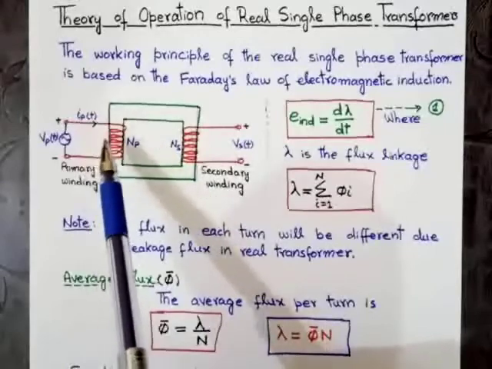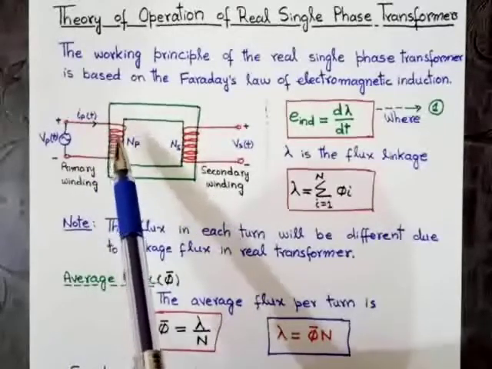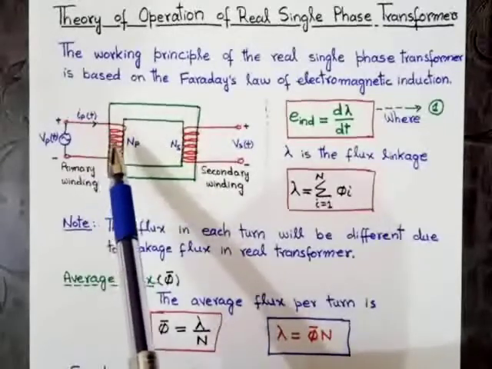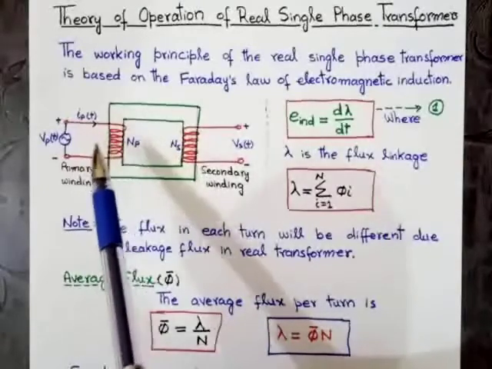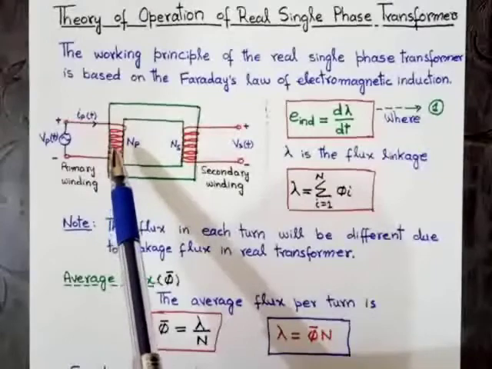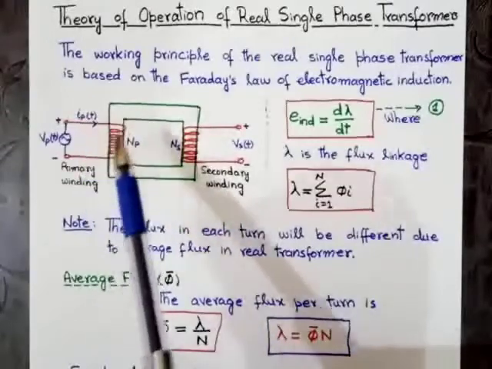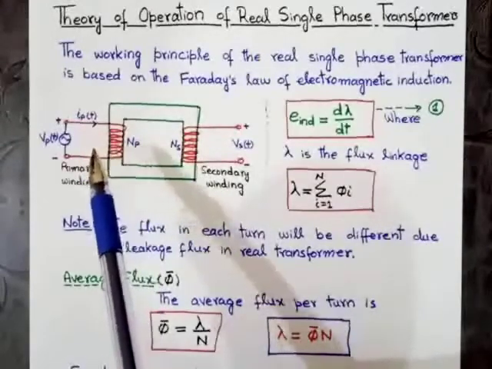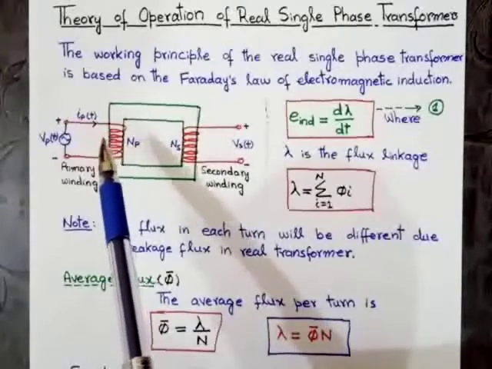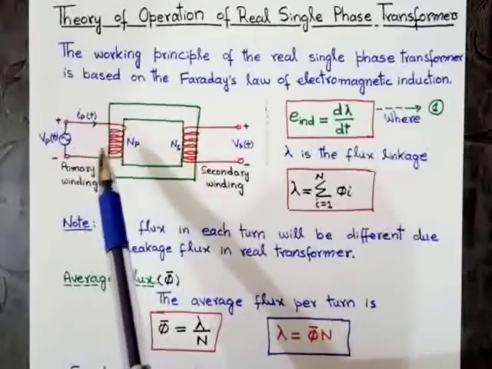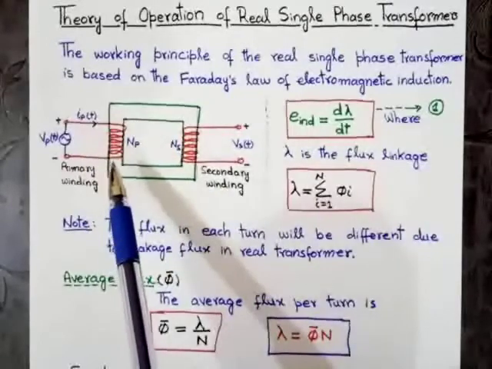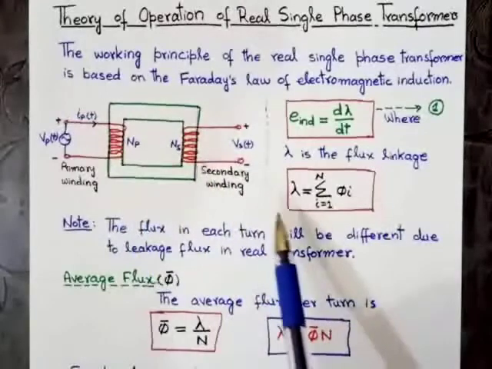When the value of the flux is different, the total flux will be the sum of the flux of each turn. Let there be 100 turns. Let the flux across turn 1 be phi 1 and the flux across turn number 2 be phi 2, and so on.